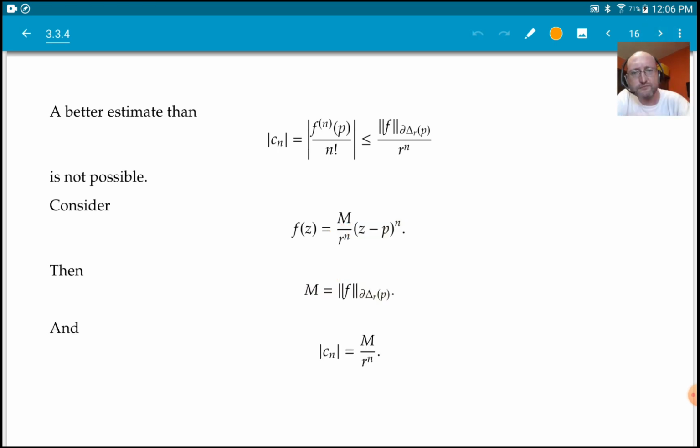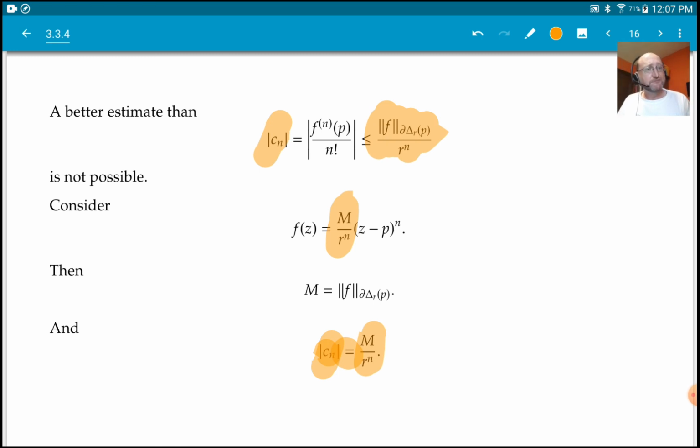And if I look at Cn, it's positive, and this is what it is, M over r to the n. So yes, there is an equality: this side over here is this side over here.